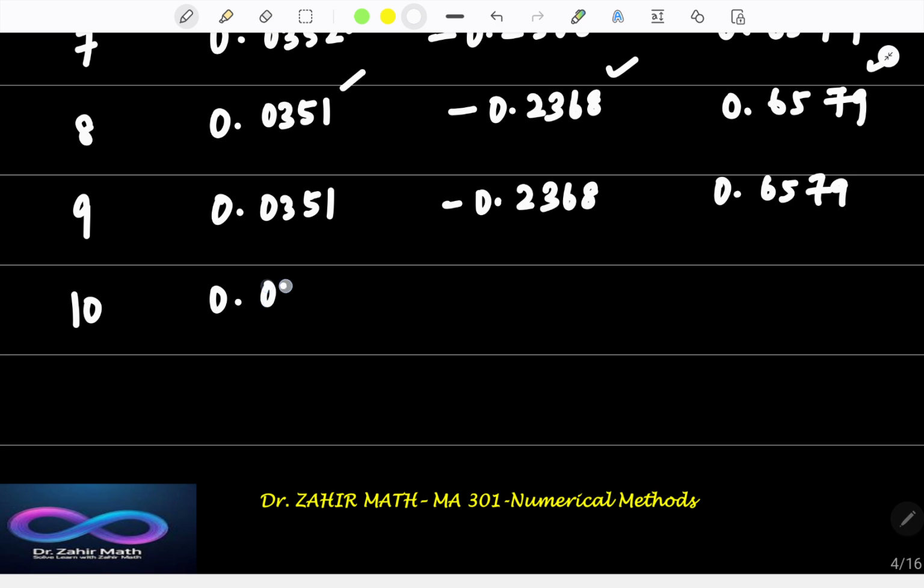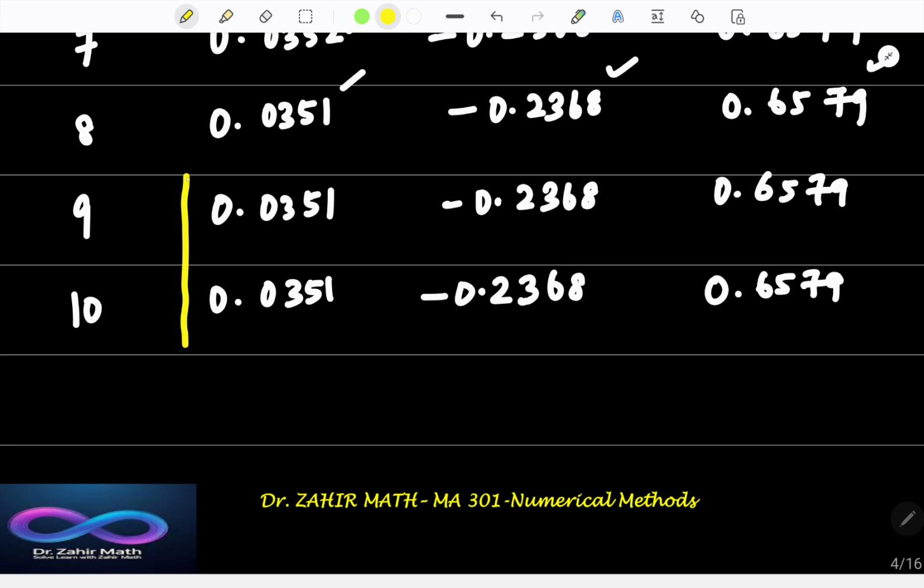You will get 0.0351, negative 0.2368 and 0.6579. So now look at this one. These values are exactly the same.